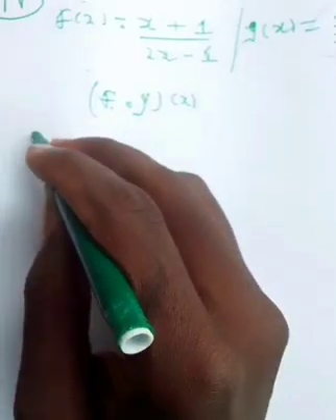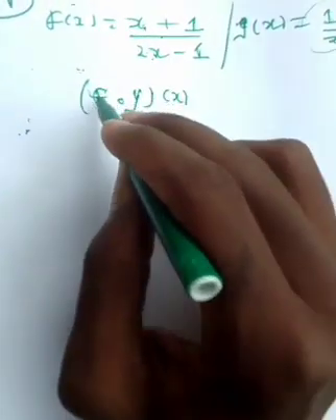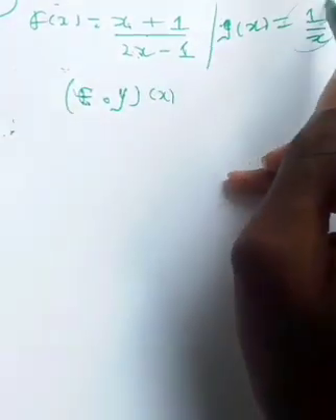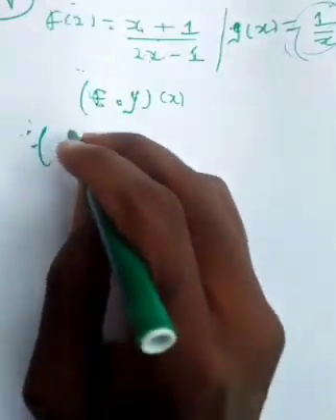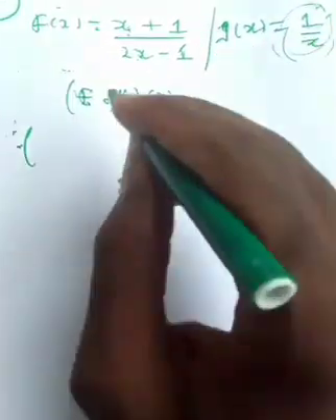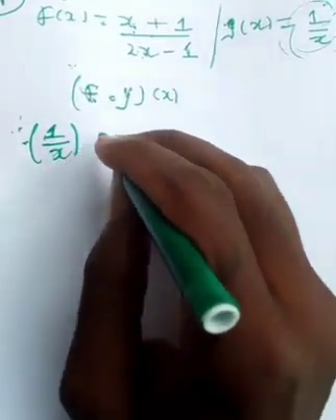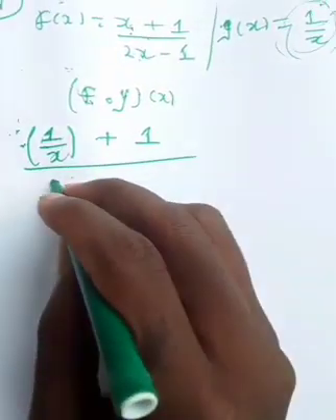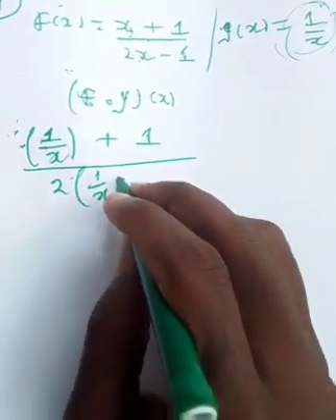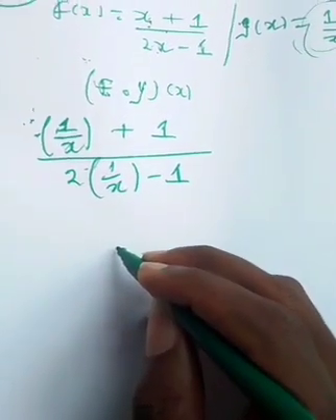Wherever there is x in the function they started with, substitute the whole function g. If I substitute where there's x with 1 over x, I get 1 over x plus 1 over 2 times 1 over x minus 1. Make sense?